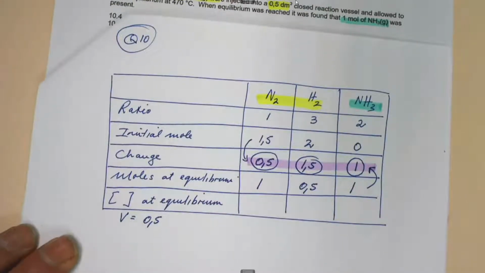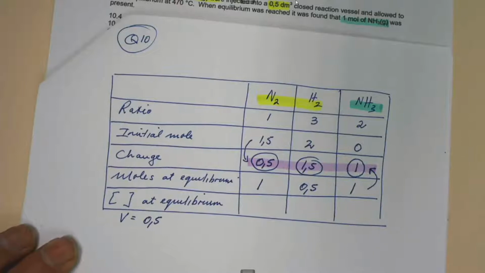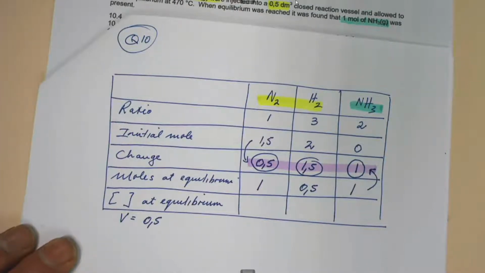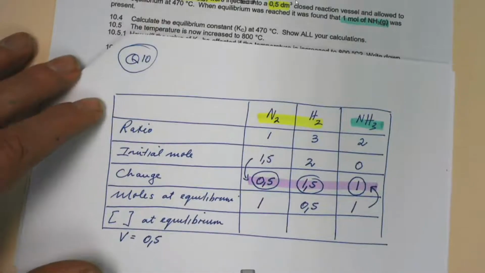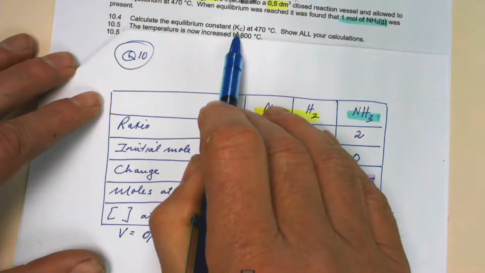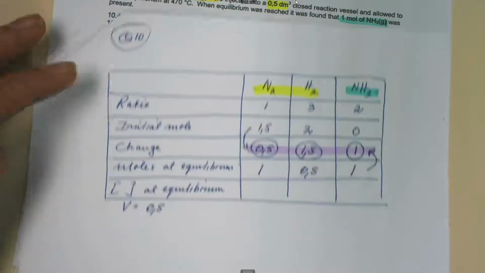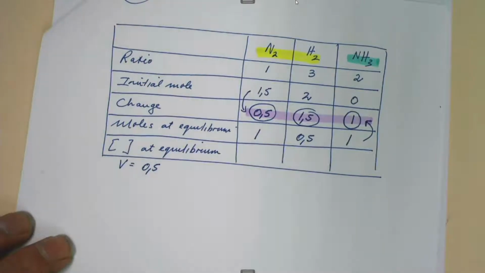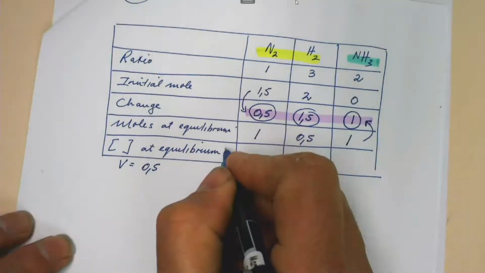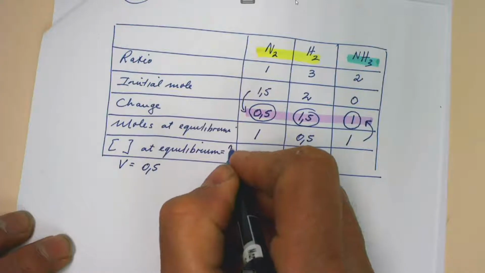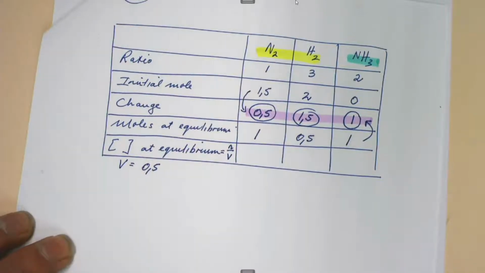All right, now I want to calculate the concentration at equilibrium. Why do I need the concentration at equilibrium? Because if I have the concentration of my reactants and I have the concentration of my products, I can write down my Kc equation and I can calculate. The question was calculate the equilibrium constant, the Kc value. All right, now to get the concentration, the equation of concentration is number of moles divided by the volume.